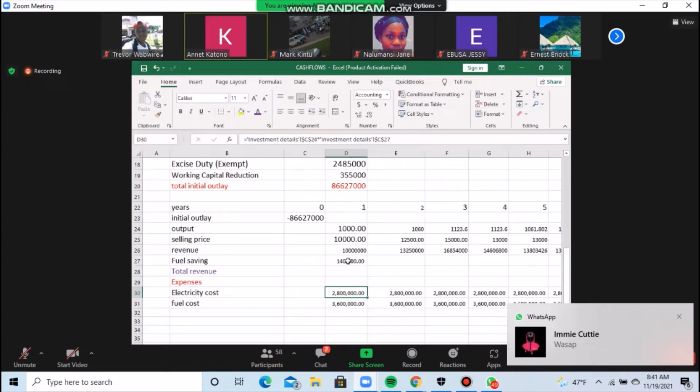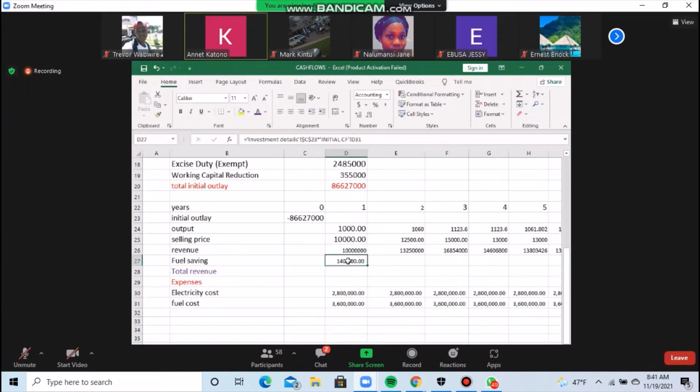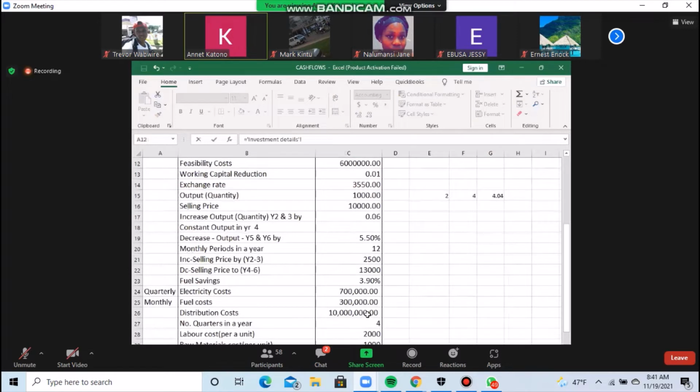Okay. So I'm going to go back to the fuel saving. They've told us that the fuel saving is 3.9 of the fuel cost that we have. So I just put the equal sign, go to my investment detail, pick on the percentage for the saving fuel.